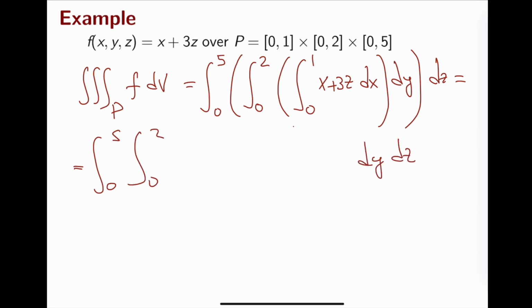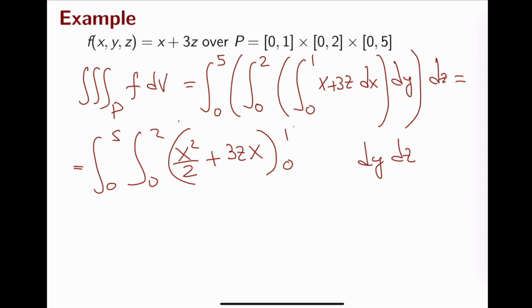We are not doing anything about them. So we are going to solve first only this integral. So let's integrate this with respect to x. The integral is going to be x squared over 2 plus, and this is a constant with respect to x, so it's going to be 3z x. And this we need to evaluate between 0 and 1.